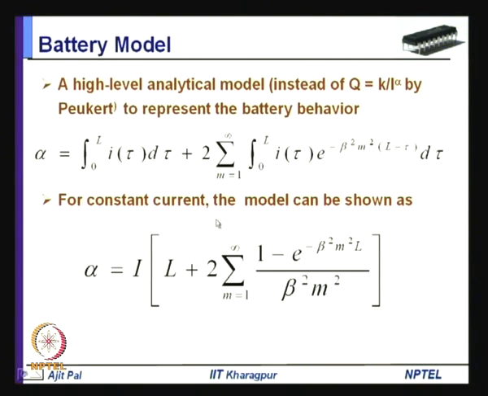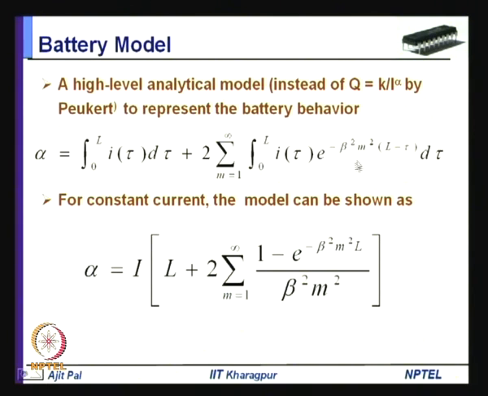And the battery model that was used is an analytical model. Instead of using the simple model Q equals k by I to the power alpha, they used a little more complicated battery model, and this actually takes care of variable current, and on the other hand, for constant current this reduces to this particular expression here.